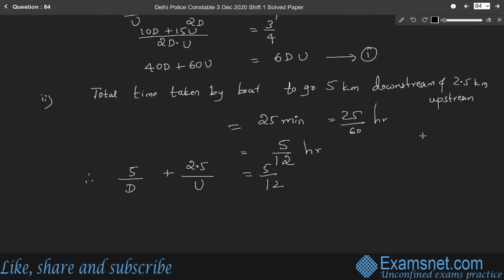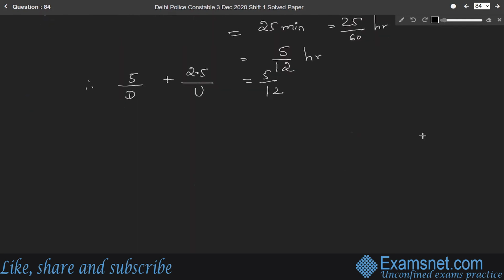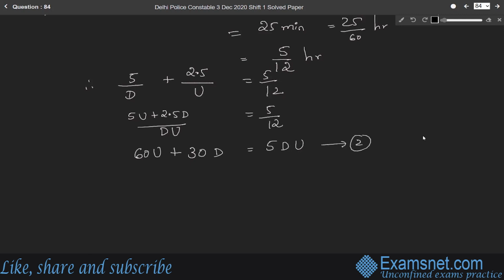That is the total. Therefore, simplify it. du is the LCM. So (5u plus 2.5d) by du is equal to 5 by 12. So, cross multiplication. Here 60u plus 12 into 2.5, which is 30d, is equal to 5du, right? So consider this as equation 2.